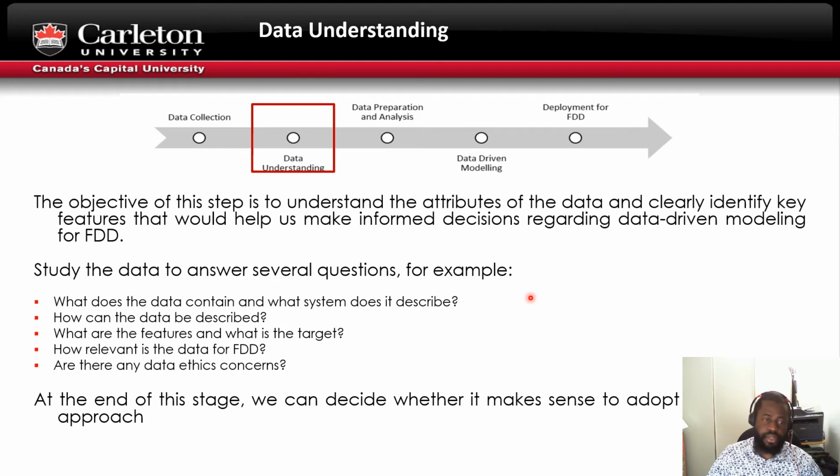Some of the questions include what kind of data it is, what does it contain, how can it be described, what are the features, what is the target, how relevant is this data to fault detection and diagnosis, and are there any ethical concerns? And basically at the end of this stage we can decide whether or not it is a wise decision to adopt a data-driven approach for fault detection and diagnosis.